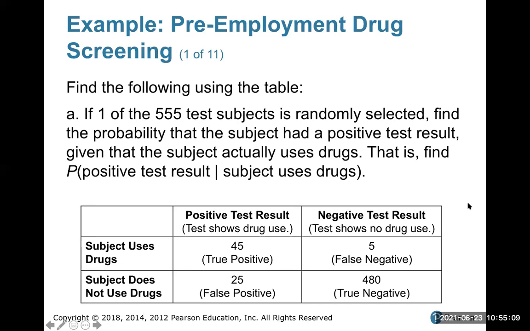So here is an example. Please read the scenario. There are 555 tests. Find the probability that the subject has a positive test result given that the subject actually uses drugs.